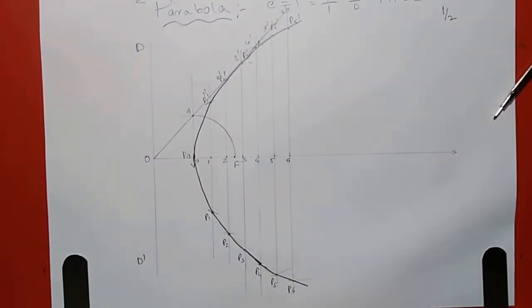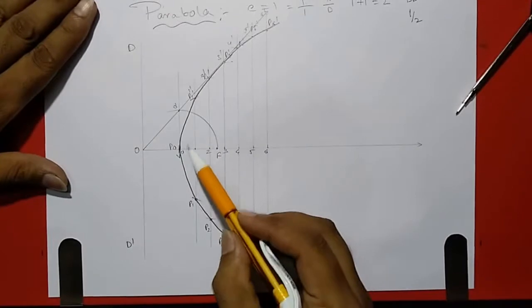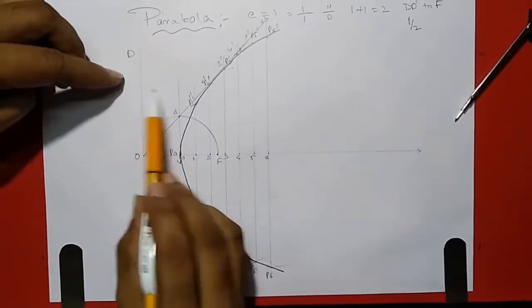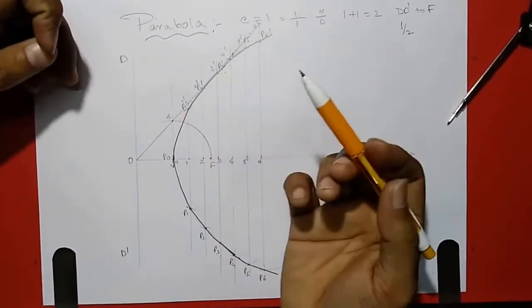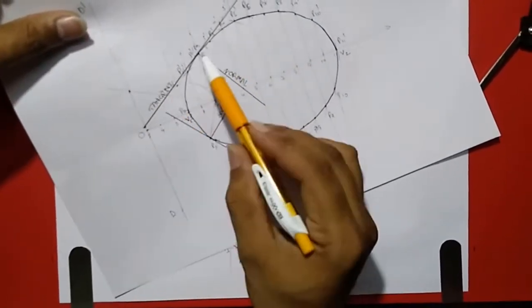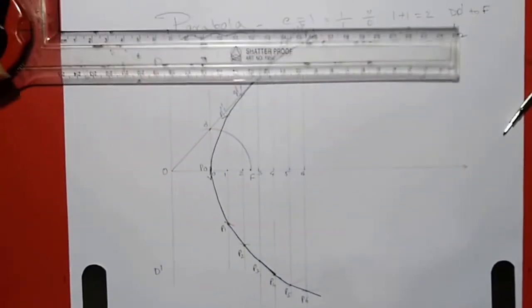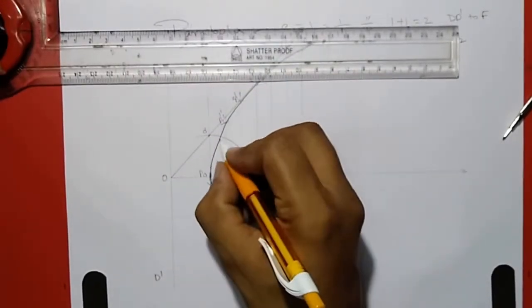Next I'll be selecting any one point over here. If it is given in the question that it should be at a certain height from the focus or a certain distance from the directrix, then you have to do it as in the previous ellipse method. This is the distance line I'm taking over here, but this point I'll choose randomly.